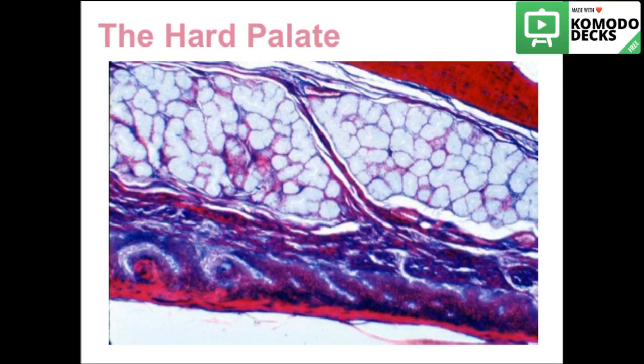This is a section of the posterior part of the hard palate showing a presence of submucosa containing minor salivary glands, and this is the junction with the alveolar process shown here.